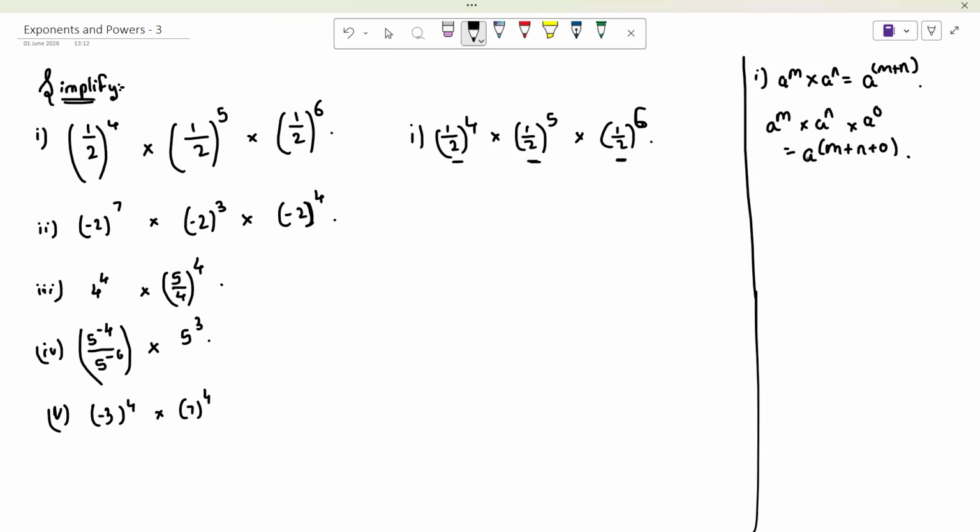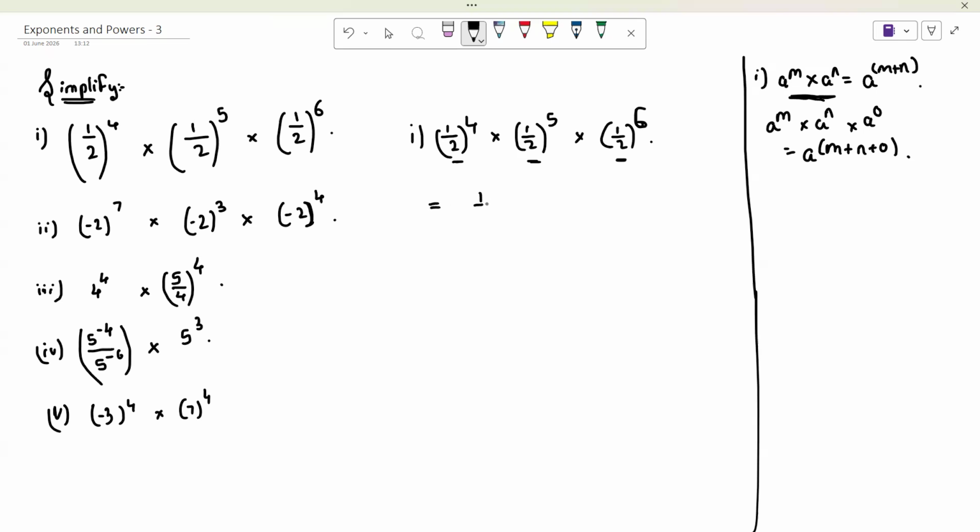So here we can use this law. This will be found in all of your textbooks, and use it for 3 powers, 4 powers and so on.